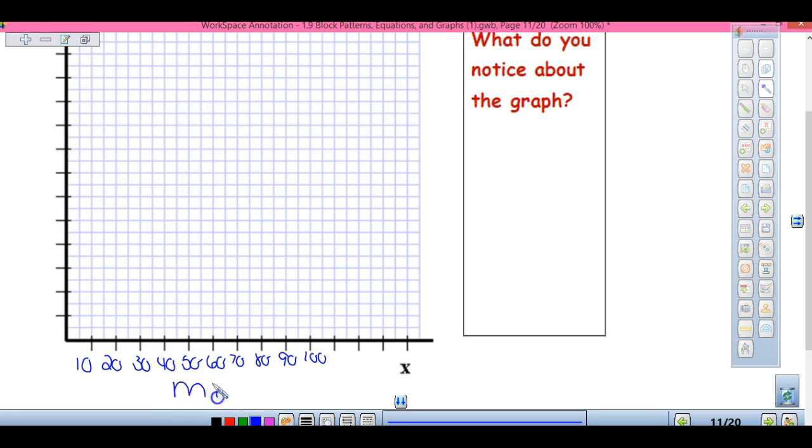Okay, so let's label it miles. And what do you want to do going up? Right, it's going to be dollars. So we can label that dollars. What do you want your scale to be going up? Fives? Yeah, because it starts basically at like $35, right? So let's go up by tens there too. So 10, 20, 30.